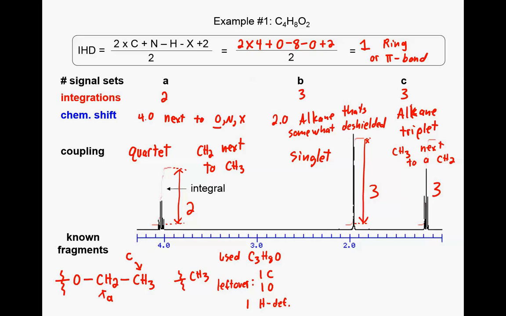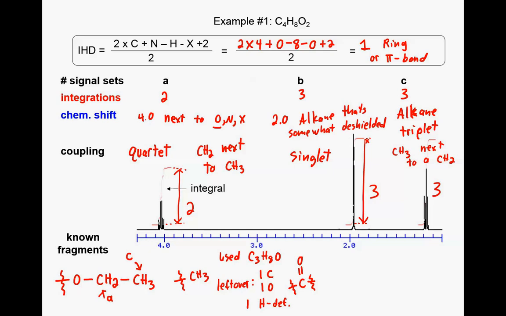All right, so what structure could we build from 1 carbon, 1 oxygen, and a pi bond? What's the product of, say, an ozonolysis reaction? It's a carbonyl, right? And so if we drew a fragment that looks like this, have we used up all 3 things? Sure, we have.